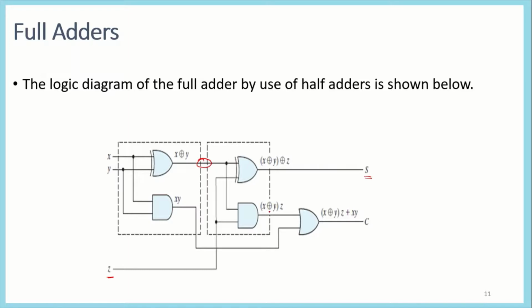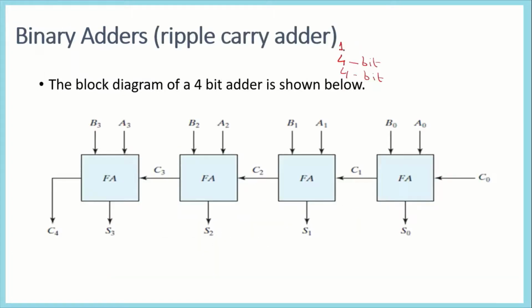Now we are going to design a cascading model of full adders, also known as a ripple carry adder. You see that here we have 4-bit numbers, 4 bits for A and 4 bits for B, and a 1-bit carry in. So we have a total of 9 bits here.